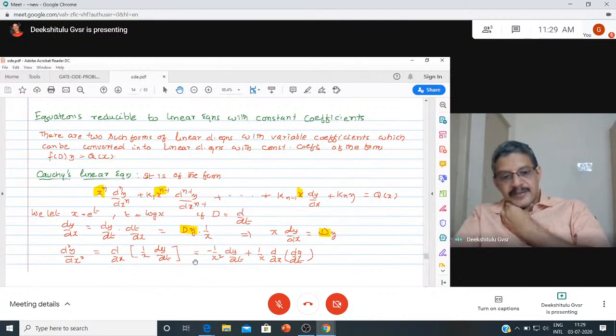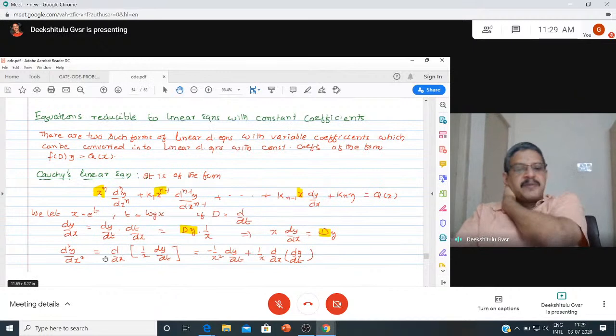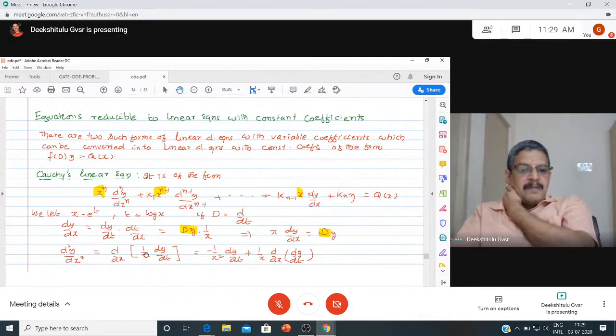That is the advantage. Similarly, d square y by dx square is d by dx of 1 by x dy by dt, Dy as I said. So applying the u into v form of the product rule, minus 1 by x square into dy by dt plus 1 by x into d by dx of dy by dt.